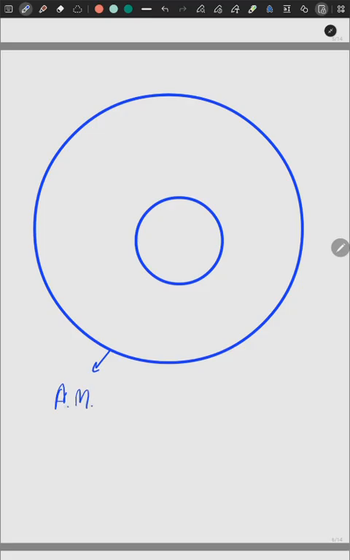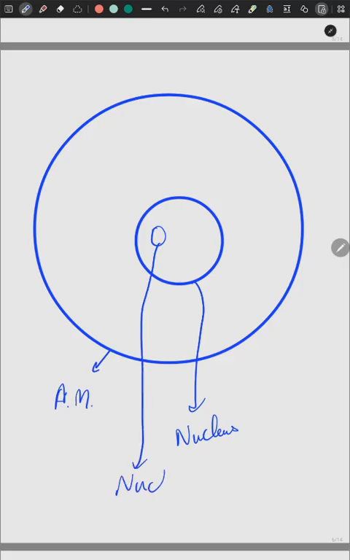Okay, this is the nucleus, and inside of it is the nucleolus. And this protective covering of the nucleus we call the nuclear envelope.